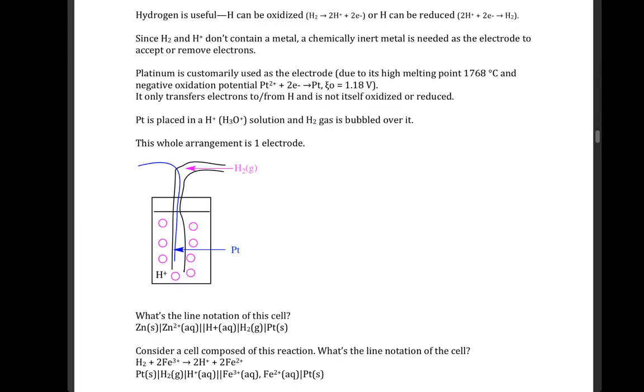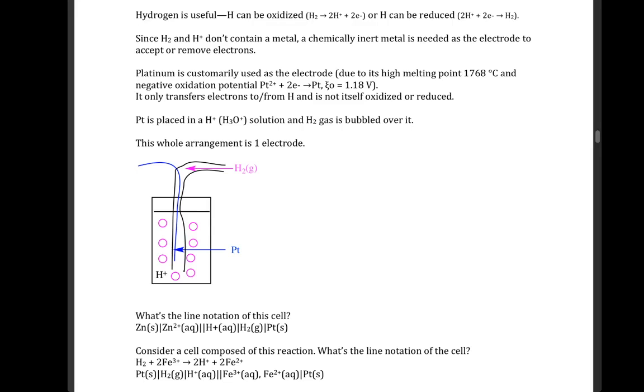Hydrogen can be oxidized, electrons can be removed from H2, or hydrogen can be reduced, electrons can be added to H+. Since H2 and H+ don't contain a metal, a chemically inert metal is needed as the electrode to accept or remove electrons, just as we were talking about earlier.